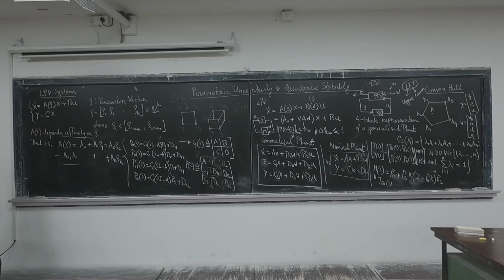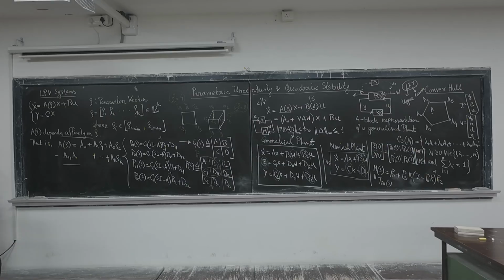Now for this kind of system, can we extend the concept of quadratic stability to LPV systems? That is the question. That result is available. So this class of system is a little bit easier to handle, because you can directly apply the Lyapunov inequality.